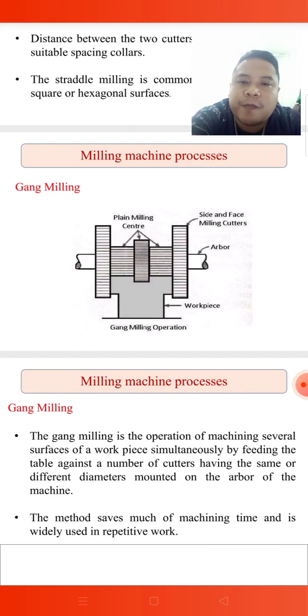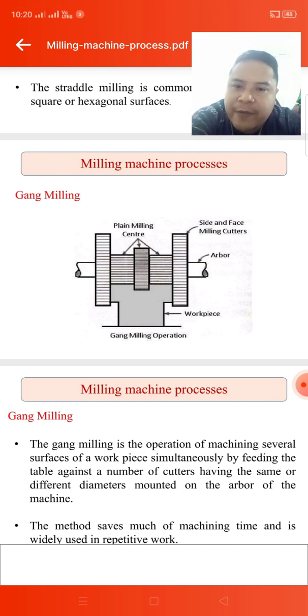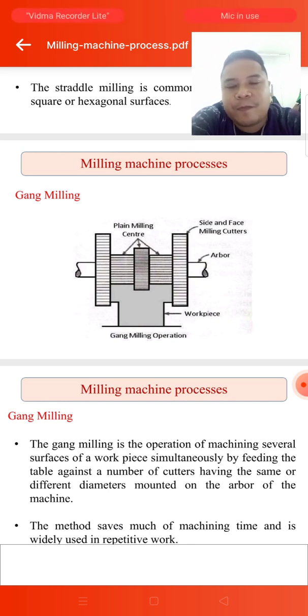So, gang milling is the same as straddle milling, but the difference is that in the gang milling operation, we have additional cutters mounted between the two side milling cutters. So there is an additional cutter in the middle, that is the difference from straddle.